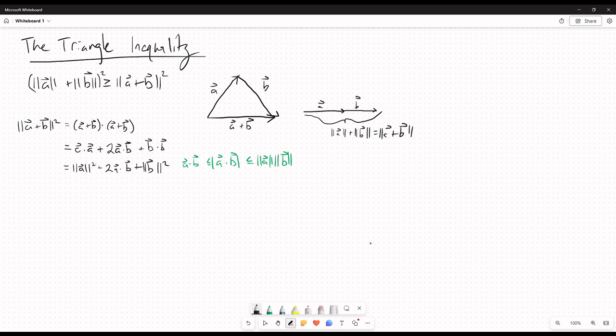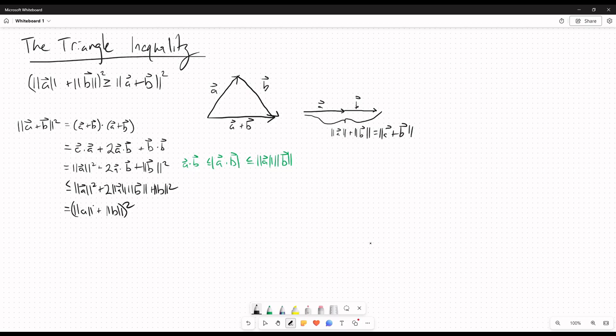So what I can say is that this thing is less than or equal to the norm of a squared plus 2 times the norm of a times the norm of b plus the norm of b squared, which is exactly the norm of a plus the norm of b, all of that squared. And that's exactly what we wanted to show here.